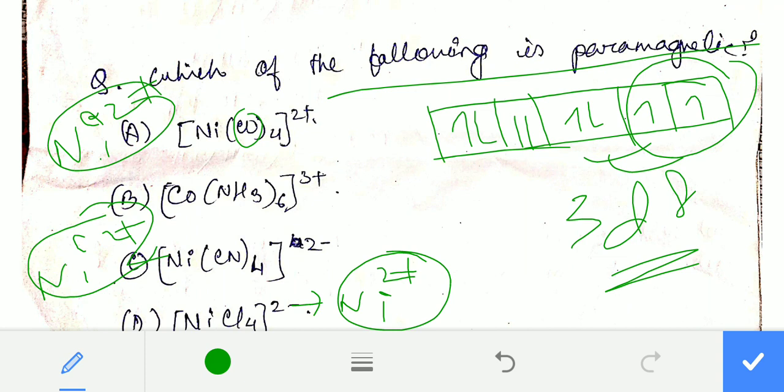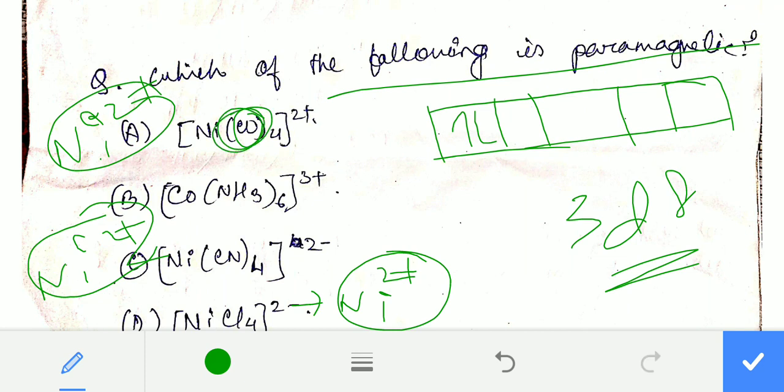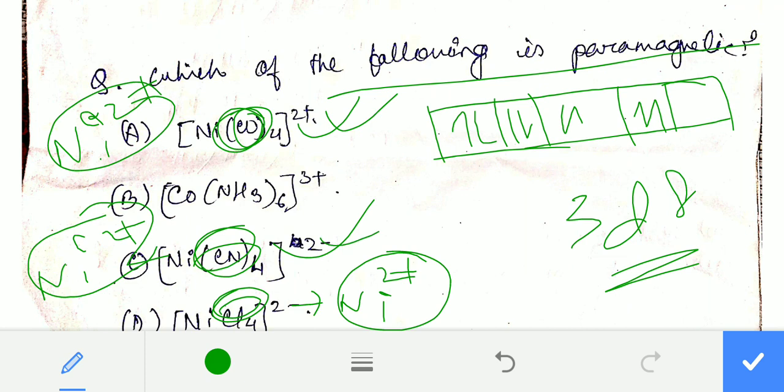Let me tell you what is happening here. CO is a strong field ligand, CN is a strong field ligand, but Cl is not a strong field ligand. Electrons under the environment of a strong field ligand pair up, and the d8 configuration would become paired, and there will not be any unpaired electron in option A and option C, because strong field ligands are present.